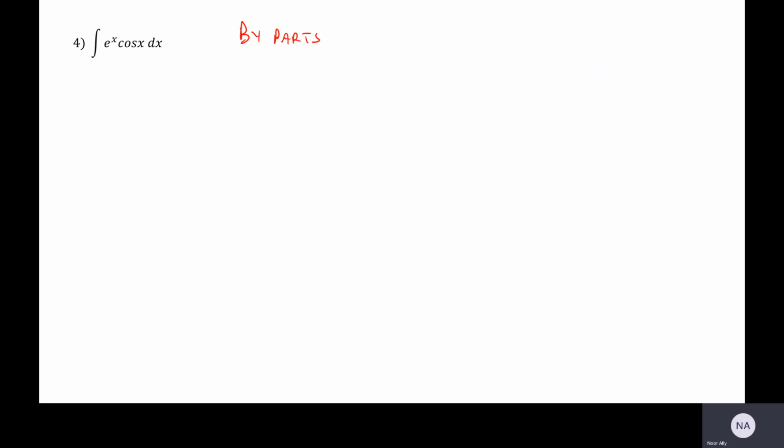So let u be equal to e to the x, therefore du is equal to e to the x dx. Then dv is equal to cos x dx, therefore v, I don't have to write the integral on both sides, I can just write the integral of cos x dx, and that gives me sine of x.